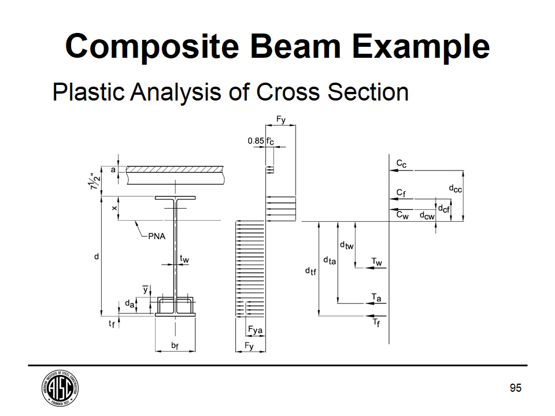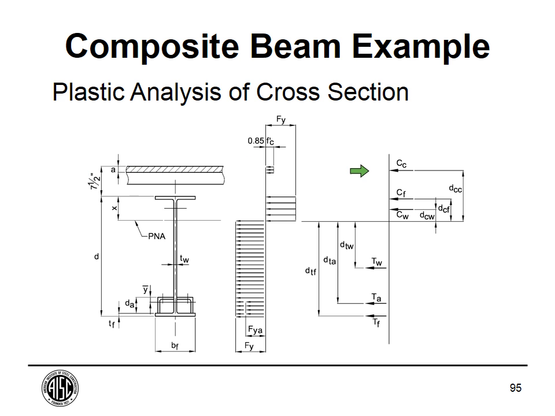So now what we can do is go in and do a plastic analysis of the cross section. And it's all going to be based on this, and I've got all the numbers coming up that I'll go through really quick, but of course the concrete has to be based on a certain depth because we're partially composite.